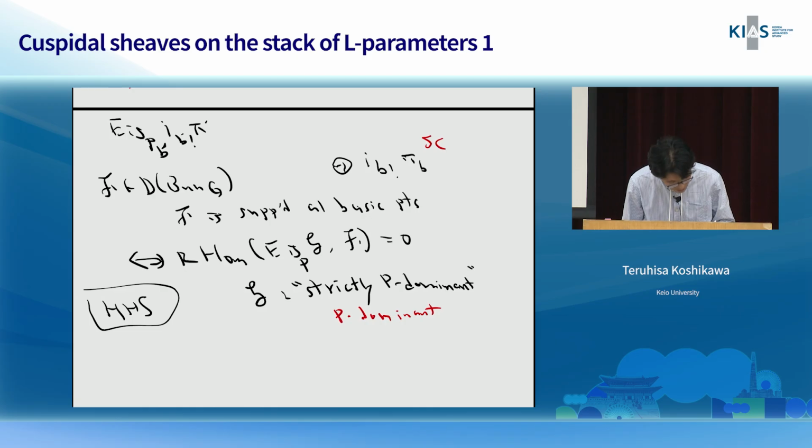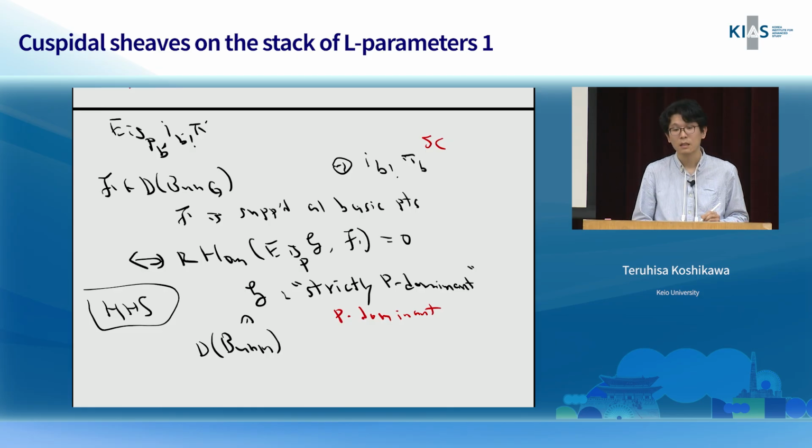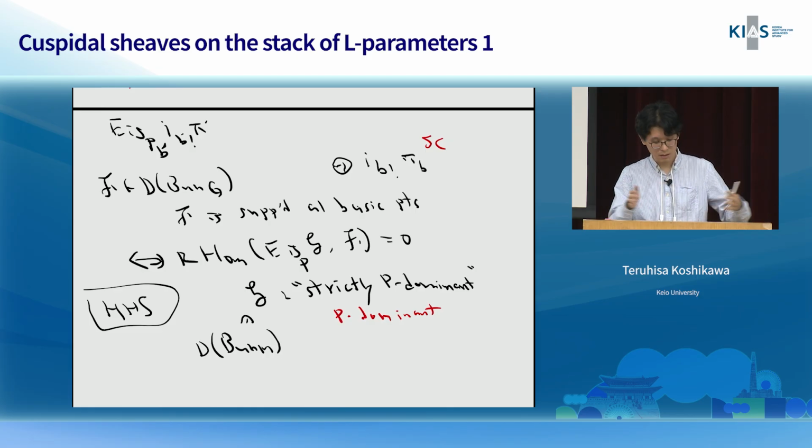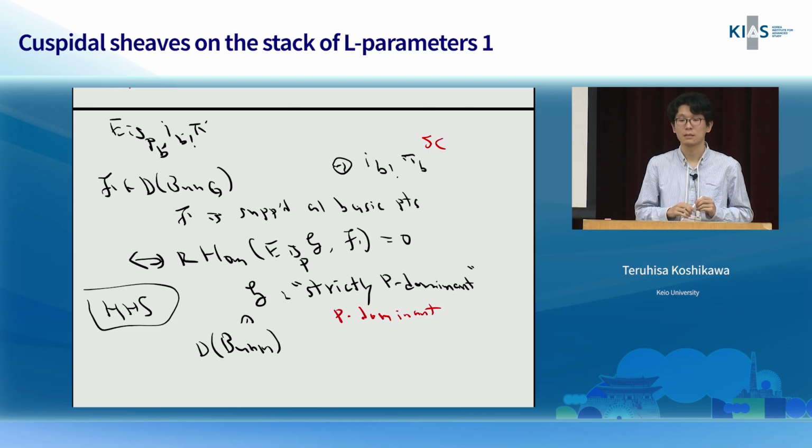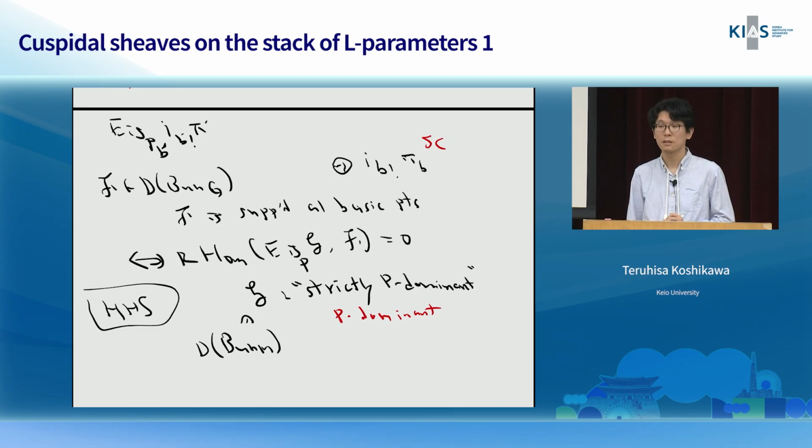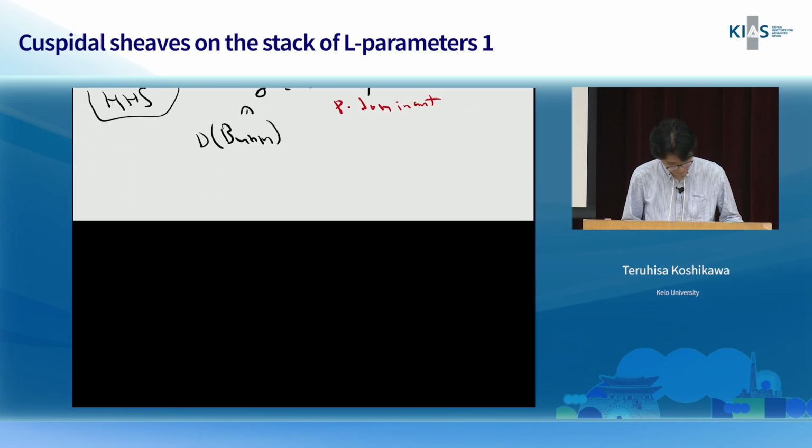Oh, so G is a sheaf on Bun_D Bun_M, and Bun_M has connected components indexed by weights and so on. Yes. Any other questions? Okay.